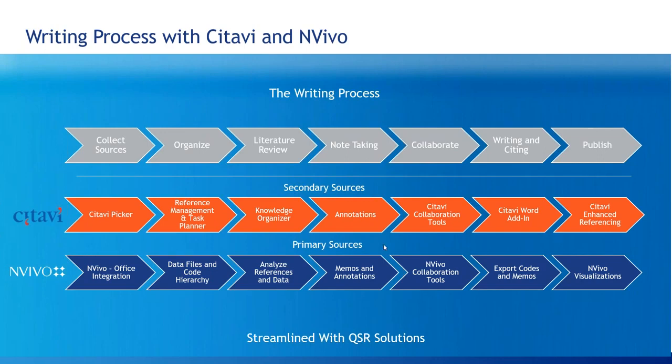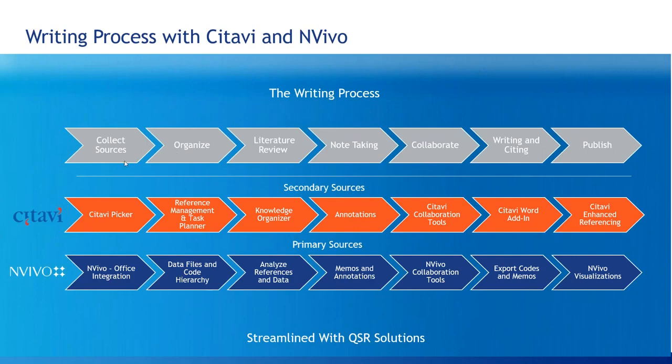And NVivo is going to help you analyze your primary sources, so the data you're collecting, your interviews, focus groups, images, videos, whatever other data you're collecting for your own qualitative research. In Citavi, it doesn't matter if you're doing qualitative or quantitative. It's just meant to help you with organizing your references and then that writing process.